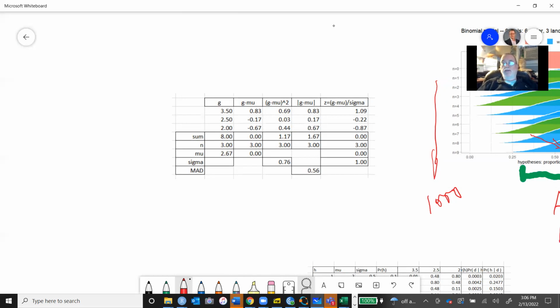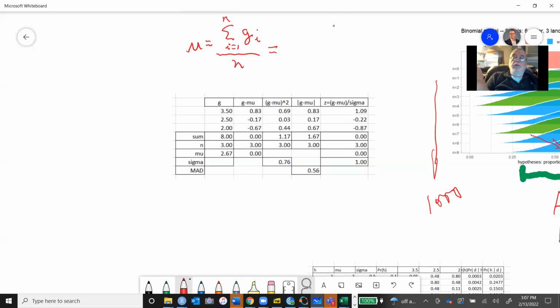The formula for mu, if we were to calculate mu off of the data without any notion of how plausible this number is, and it might not be very plausible, by the way, is equal to the sum from i equals 1 to n of each of these G values, we have 3 of them, and then we divide by that.